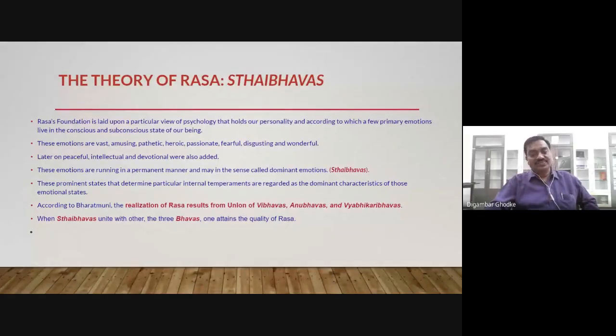According to Bharat Muni, who wrote Natya Shastra, the realization of rasa results from the union of vibhavas, anubhavas, and vyabhichari bhavas. So these are the three bhavas. Sthai bhava we call them, and rasa.